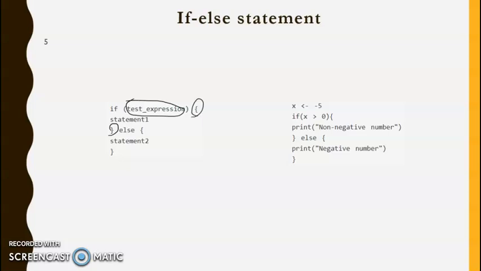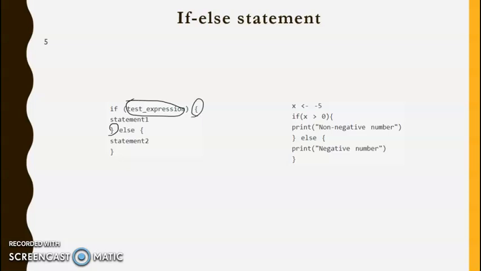And pay attention that when you want to put else, since else is talking about the condition that is opposite of this test condition, there is no need to put it here. So in fact, when it is not holding, the rest comes to the category of else. So no need to put any condition here in the if-else statement.